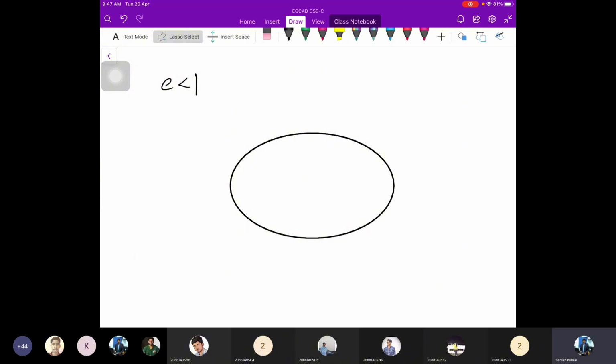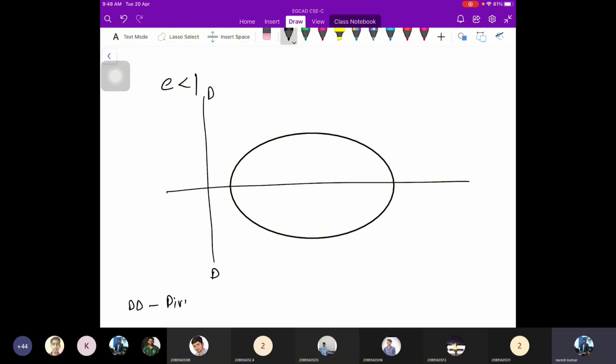So for this ellipse, this DD line is called the directrix.